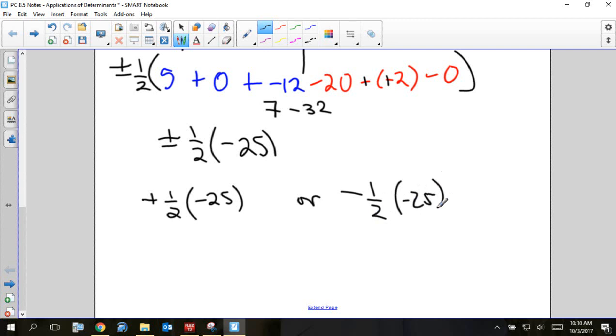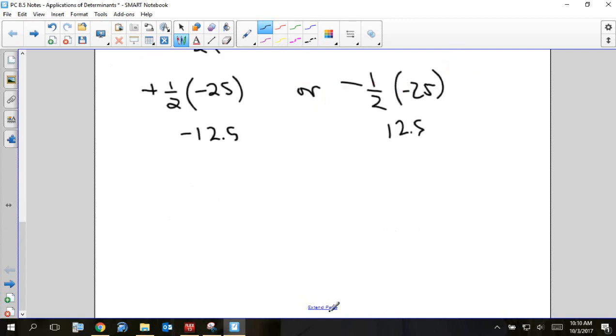So when we have plus minus, we have 2 scenarios, right? If I do this one right here, I get negative 12.5, and if I do this one, I get positive 12.5. When I think about this, this is area. Do both of these answers make sense?